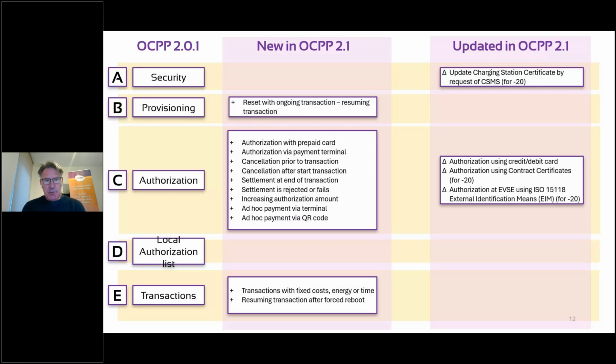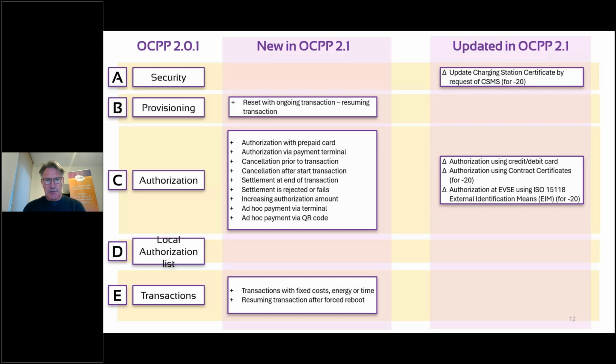And then in the authorization block, we have quite a few changes because we introduced support for prepaid cards and support for payment terminals. There was some support for payment terminals already in 2.0.1, but it was very limited. Now we actually have a whole list of use cases, like you can see here, with authorization via payment terminal, cancellation prior to transaction or cancellation after transaction, settlement, what happens if settlement rejects or fails, etc., and ad hoc payment.